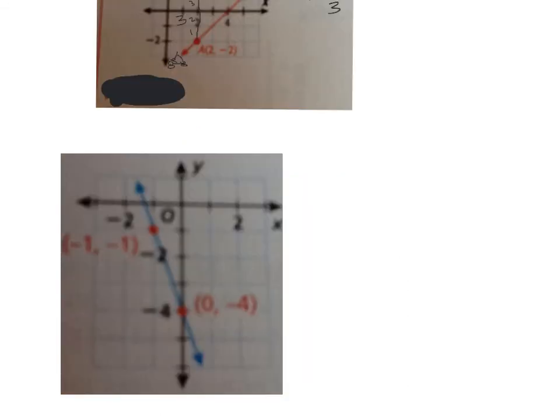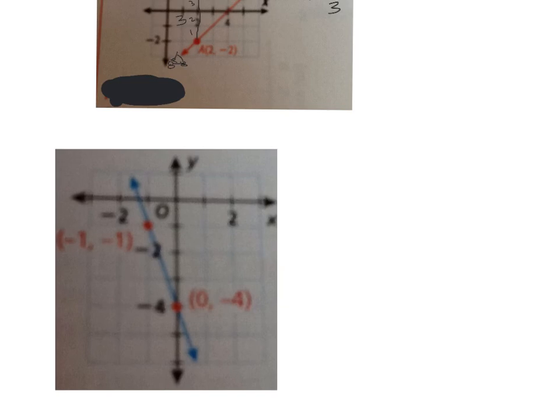Okay, one more. So if we put our bike here, on the left side, we are going to be going downhill, so we know it is a negative slope. Then we connect our dots with a line that creates a triangle. We count our vertical change.